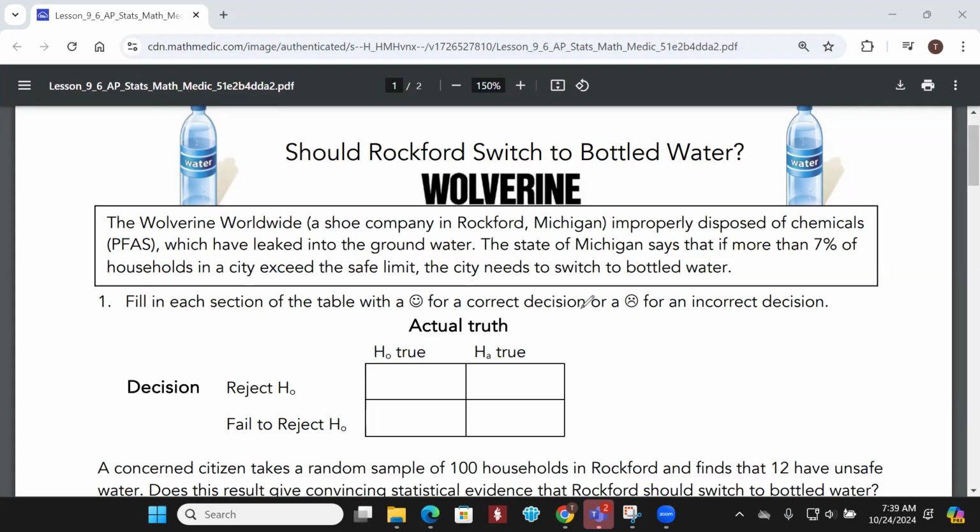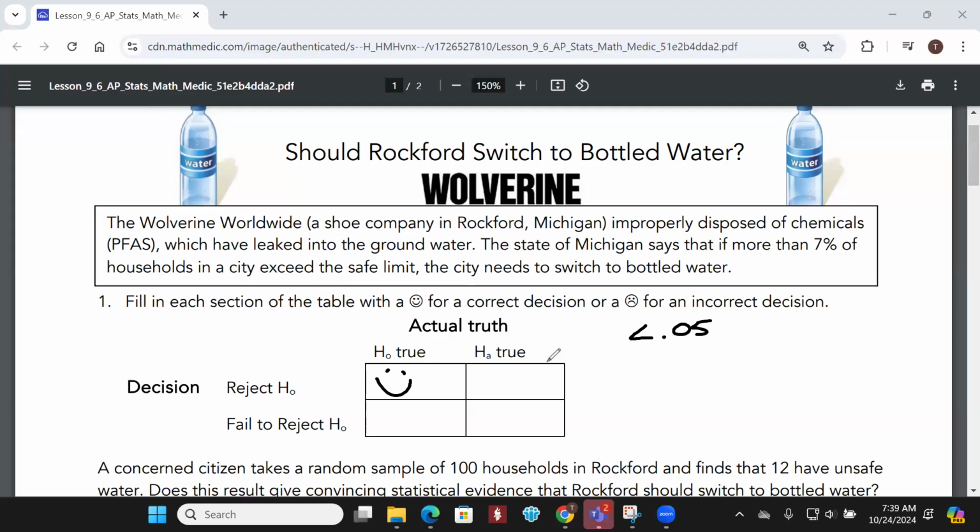So fill in each section with a smiley face for a correct decision, sad face for an incorrect decision. So if the null hypothesis is true, then we reject the null, right? That means that it's less than 0.05, right? Cool.